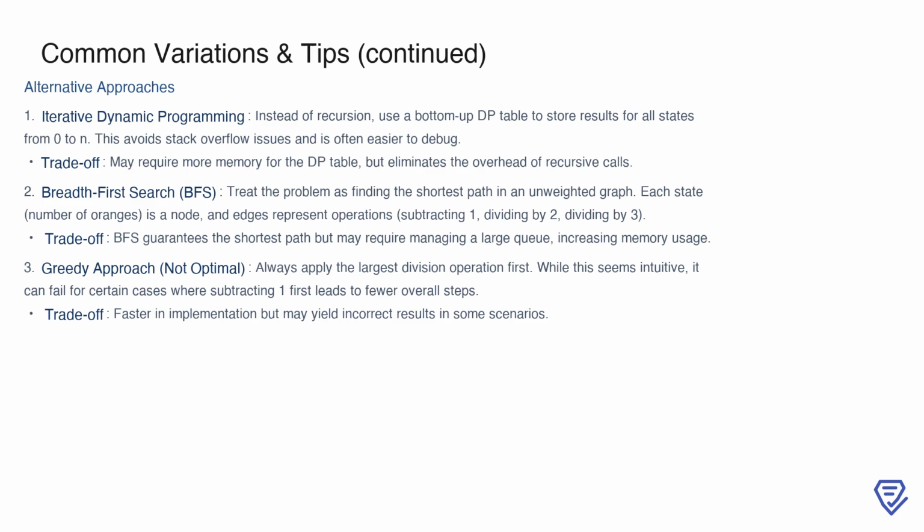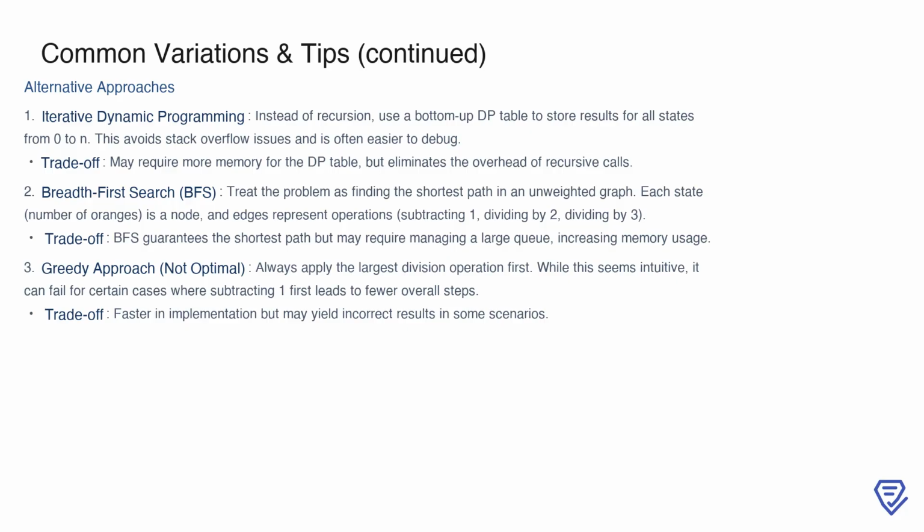Another approach is to frame the problem as finding the shortest path in an unweighted graph and solve it using breadth-first search, or BFS. Here, each state, which represents the number of oranges, is treated as a node, and the operations subtracting 1, dividing by 2, or dividing by 3 are the edges. BFS guarantees the shortest path but may demand significant memory to manage the queue.